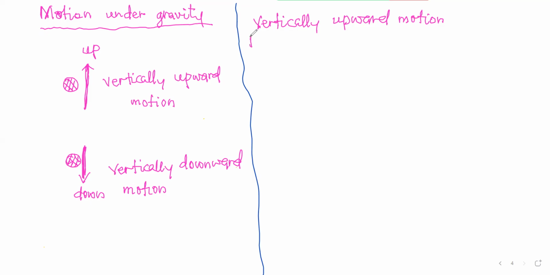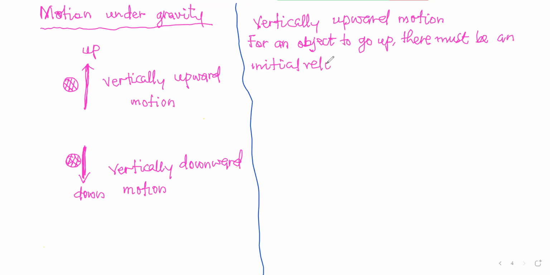So for an object to go up, there must be an initial velocity, and this initial velocity, let's represent it by the letter U.